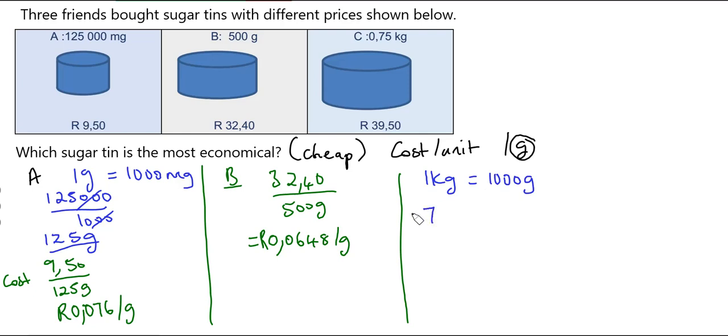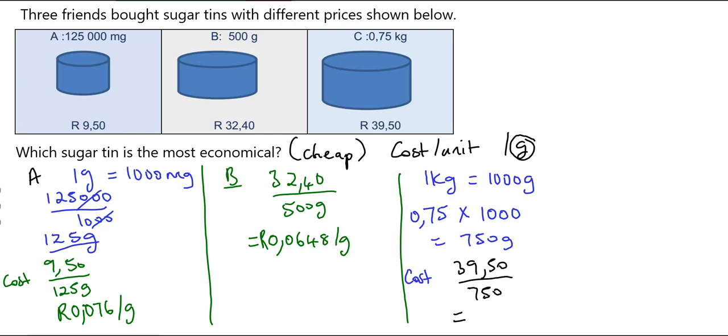So it's going to be 0,75 times 1,000. This will give us 750 grams. Now we want to know the cost. The cost is going to be 39 rand, 5 divided by 750.